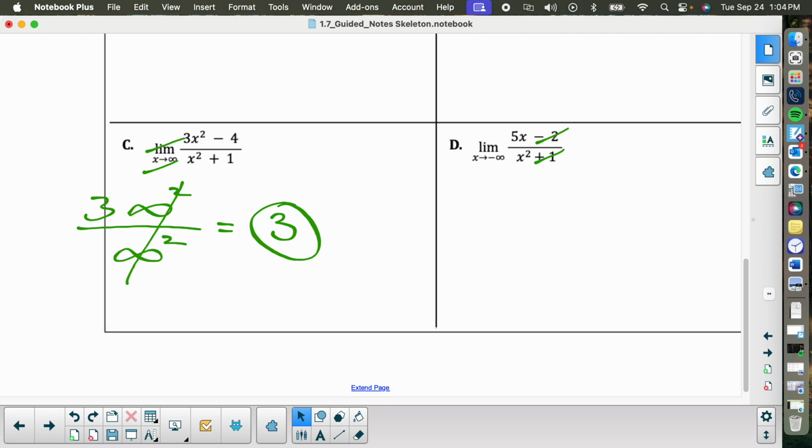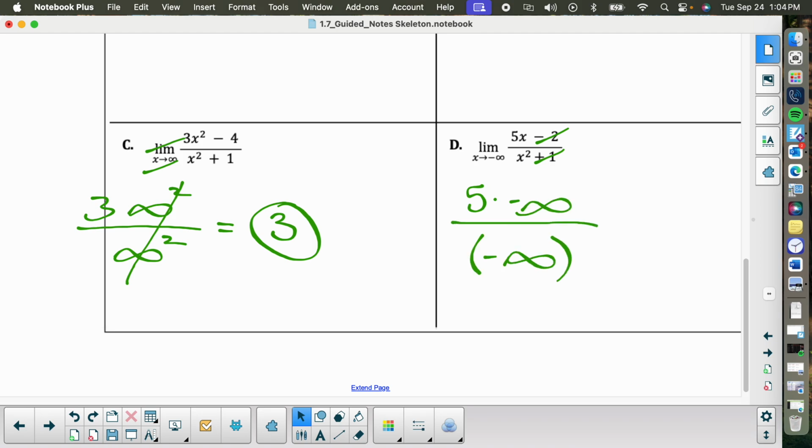So I know the x on the top is a lower degree than the squared, but you do top and bottom separate. Okay, so now negative infinity, I would have 5 times negative infinity over negative infinity squared. Can we get rid of the 5? Well, you have to deal with the positives and negatives.